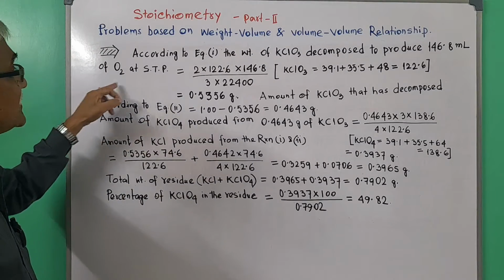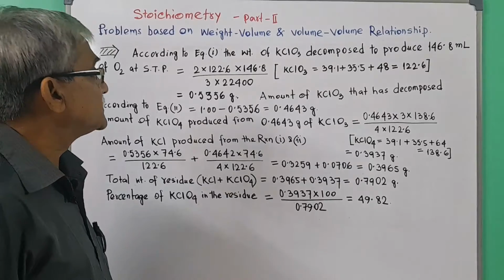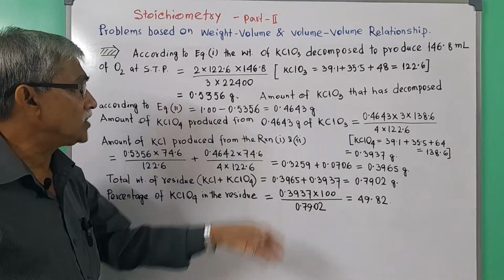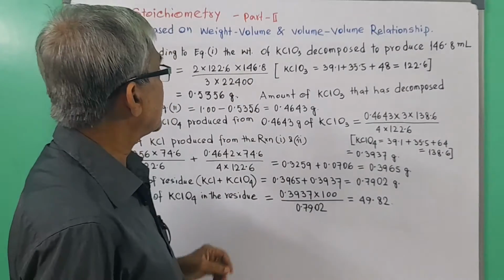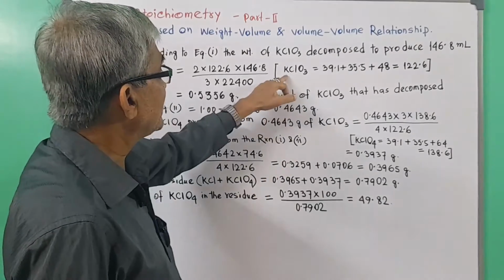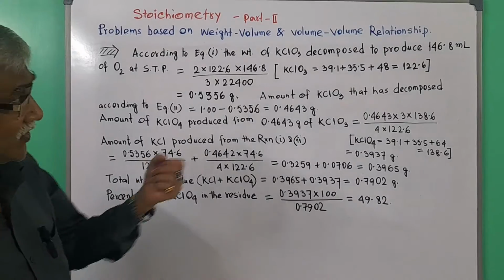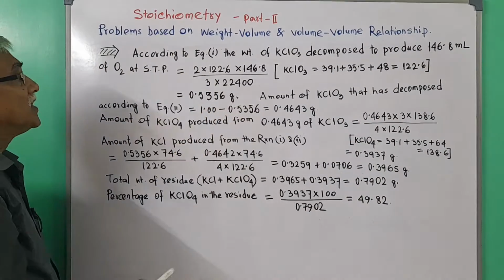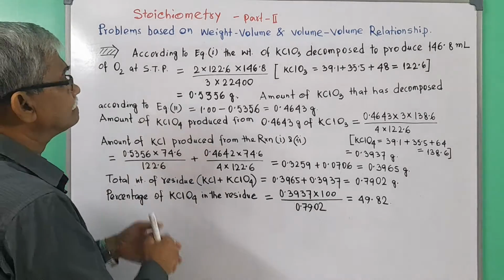of oxygen at STP equals 2 into 122.6 into 146.8 upon 3 into 22,400. That would be in gram. What do I get? KClO3 is 39.1 plus 35.5 plus 48, which sums up to 122.6, and that amounts to 0.5356 gram.